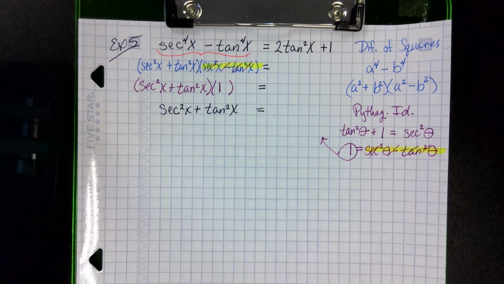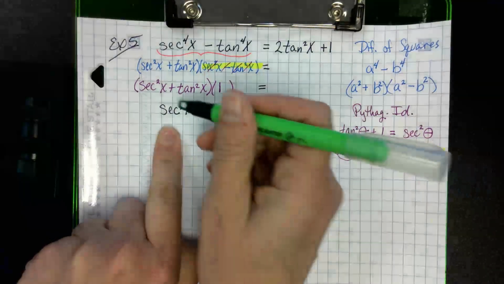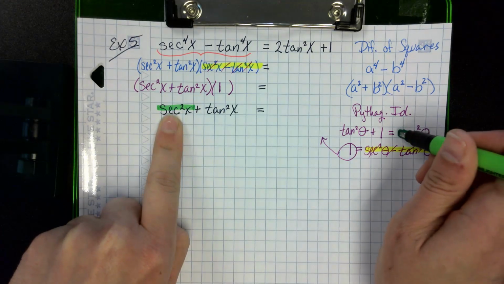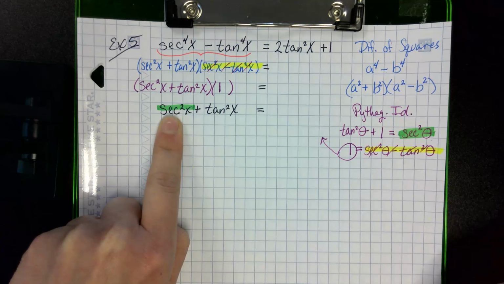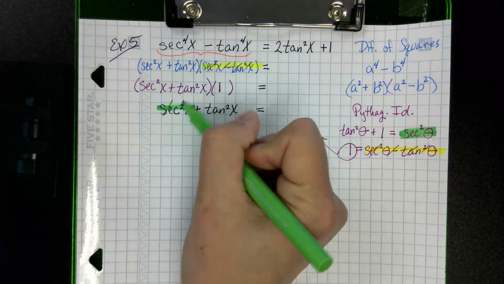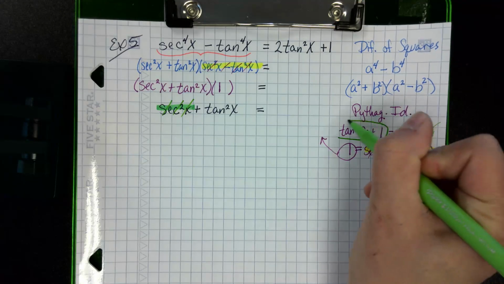So I could use the identity. Normally we use the identities to make things simpler, to make it more simplified. This time we're not making it more simplified, but we're making it closer to what we're trying to get to in the end. We have a secant squared x that we want out. The Pythagorean identity has a secant squared x. So we could take it out of our problem and put the other side of the identity in its place.